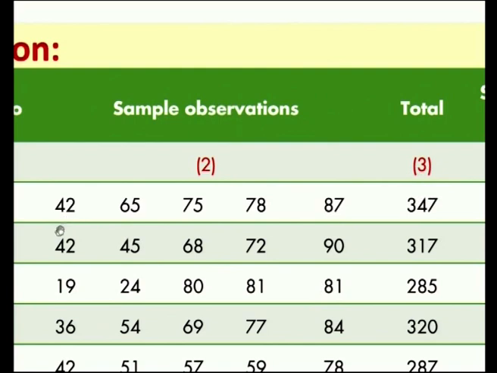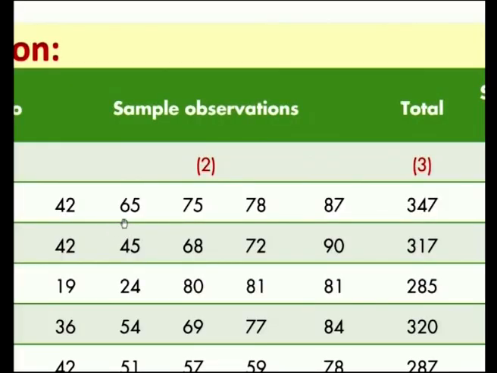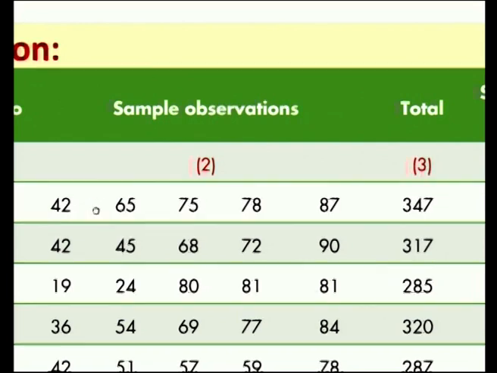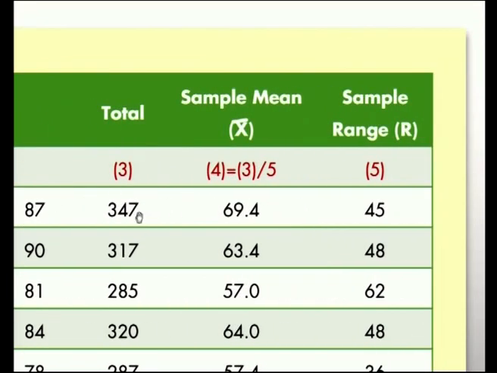It is not necessary that the maximum value will always be the last observation and the minimum always the first. It can vary. Here the highest value for sample 1 is 87 and the minimum is 42. So range is 87 minus 42, which gives you 45.